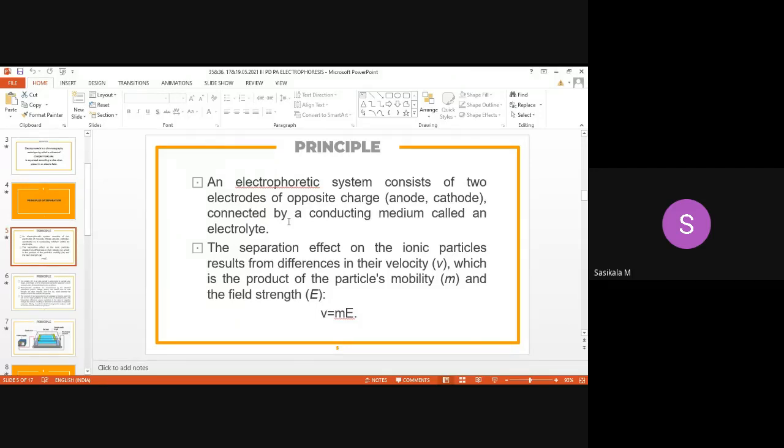The Whatman filter paper you have used, the same can be used as paper for paper electrophoresis. If we use the stationary phase as gel, then it is called gel electrophoresis.